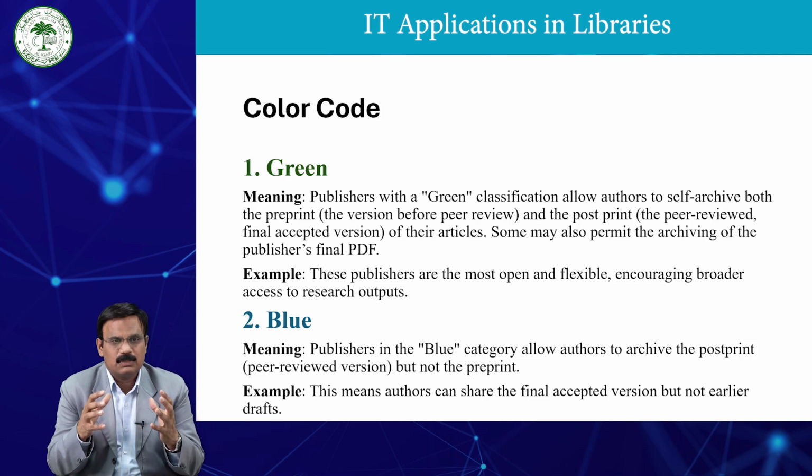The color code green indicates that publishers with the green classification allow authors to self-archive both the preprint, that is the version before peer review, and the post-print, the peer-reviewed final accepted version of their articles.